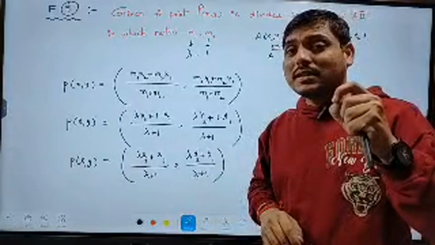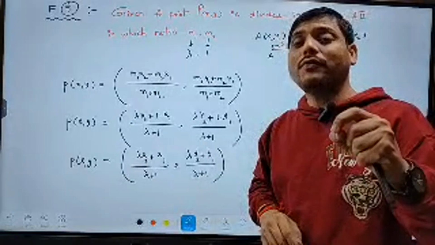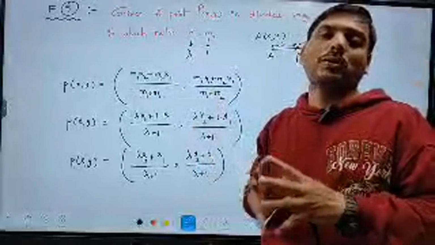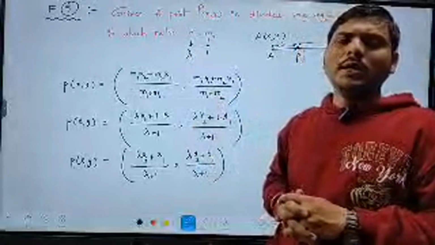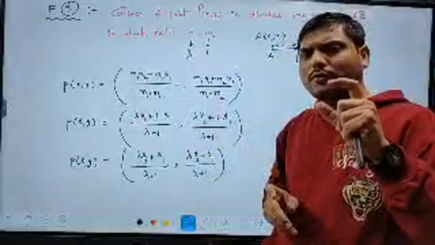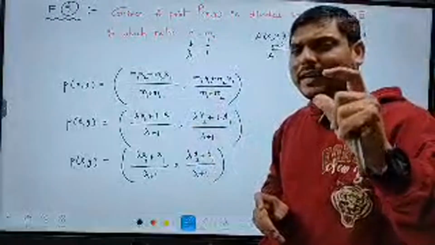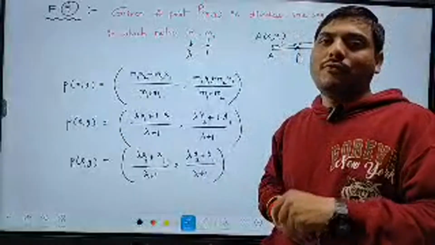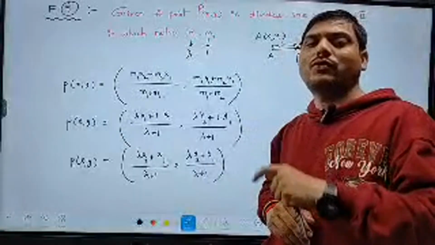So whenever a question asks you to find the ratio, you can use the fifth formula.